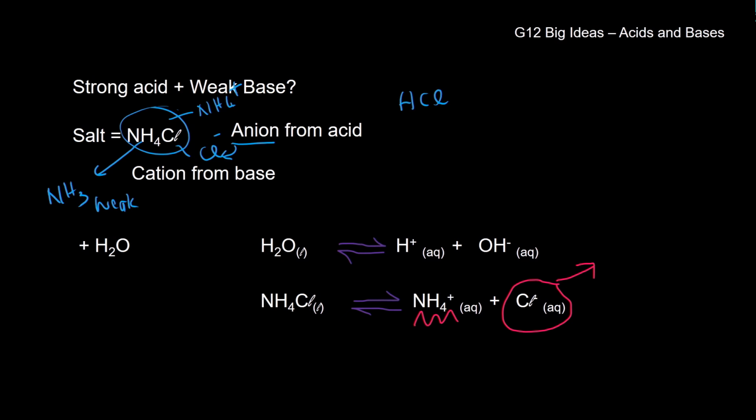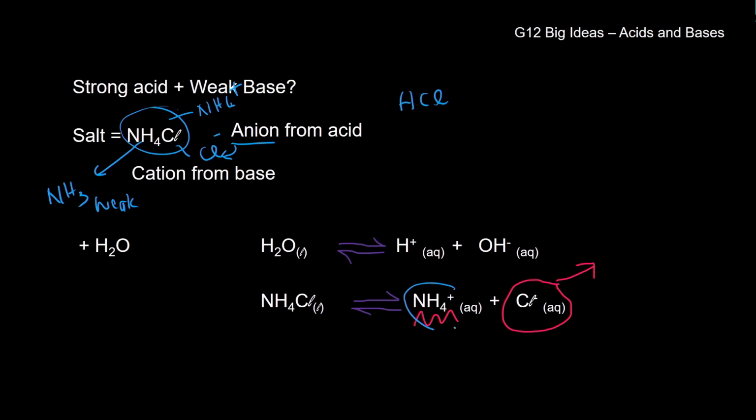Now, what happens when we take the salt and we put it into the water that has formed? There is going to be some dissociation into these ions, the ammonium ion and the chloride ion. Now, we know that the ammonium comes from a very weak base, which is ammonia. That's the weak base.